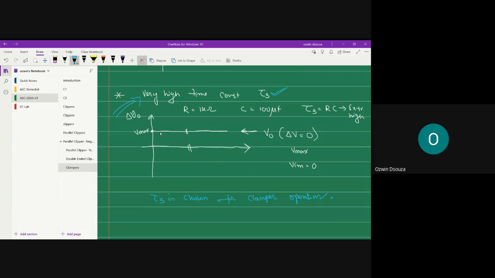Now, if you look at the waveform of time constant tau 3, the waveform resembles battery voltage.